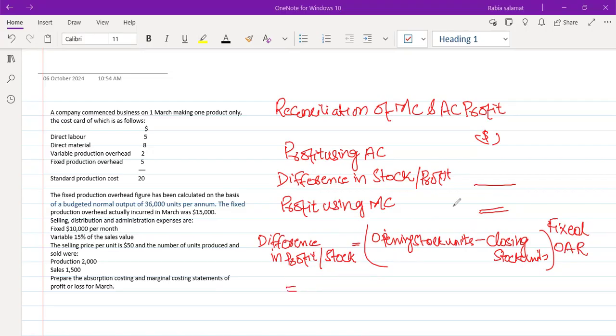In this question, I have calculated the marginal costing profit of 16,250, so I will put this 16,250. I want to calculate the profit using absorption costing. Opening stock unit is nil. You have 500 units in closing stock and your absorption rate is 5 per unit.